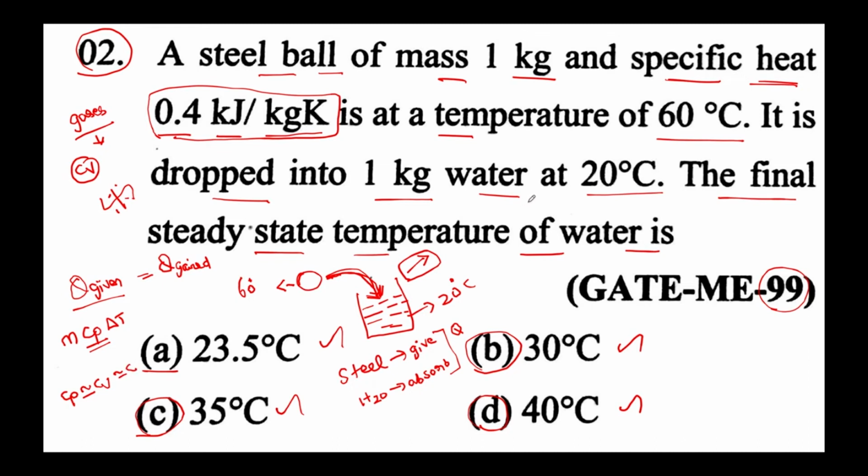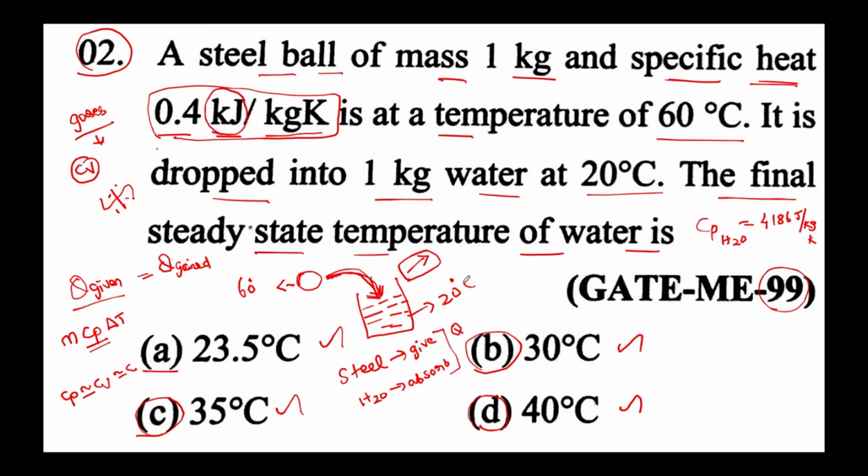For most cases, its value is 4186 joules per kilogram Kelvin. So Cp of water, for most cases, you can assume to be 4186 joules per kilogram Kelvin, right? Always try to use the standard international unit, and you can convert even the specific heat of the steel into joules, right? So equate this and try to find the answer.